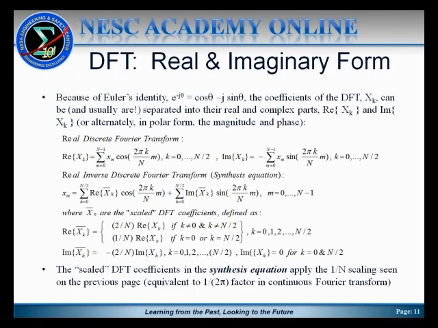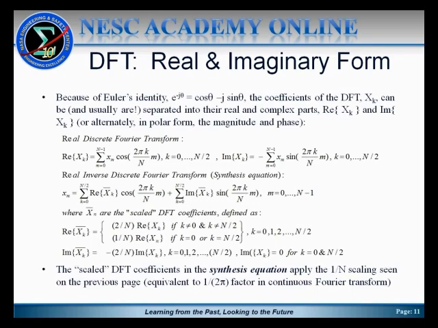So separating the discrete Fourier transform equation on the previous slide into its real and imaginary parts, you get the first equation shown below, which is the so-called analysis equation, where you're computing the discrete Fourier coefficients from the original time sequence x sub m. The real discrete Fourier transform coefficient X sub k is equal to the summation from m equals 0 to n minus 1 of x sub m times cosine of the basis frequencies 2 pi k over n times m, where the index k runs from 0 through n over 2.